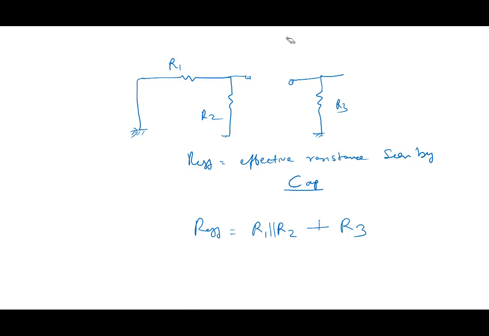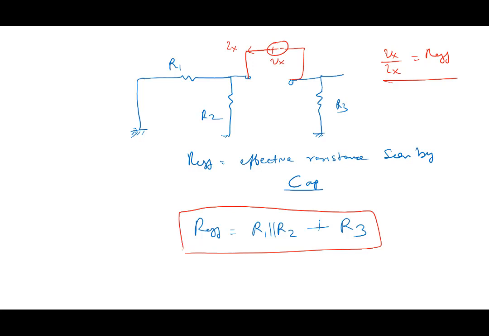If you have trouble, the method for calculating effective resistance is to attach a source here, plus minus, call it Vx, and find out how much current Ix is flowing. Solve this circuit, and Vx by Ix will give you R effective. If the circuit is complicated, just do Vx by Ix: attach a source, take the ratio. So this gives us R effective equal to R1 parallel R2 plus R3. Okay?